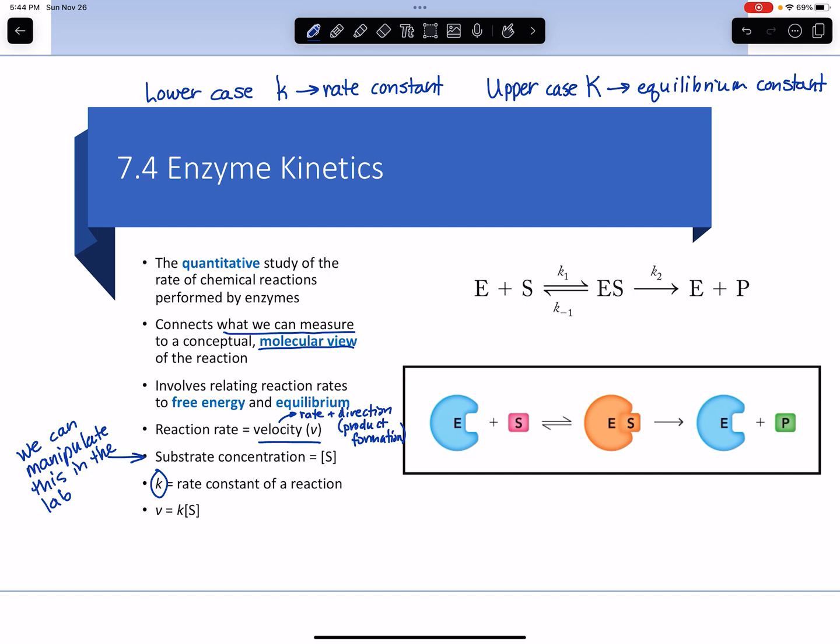So in the simplest sense, the simplest rate equation, this is a basic rate equation.